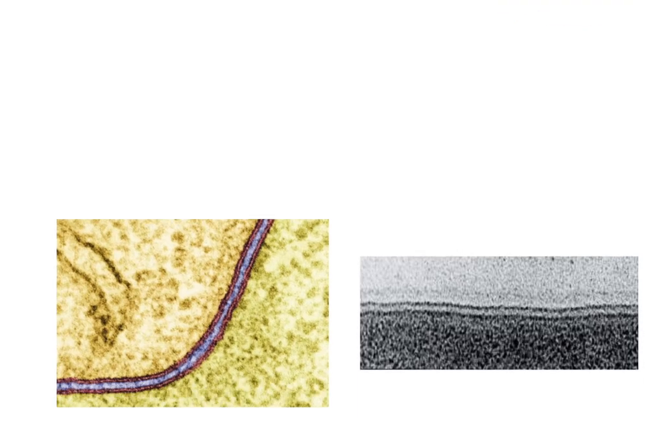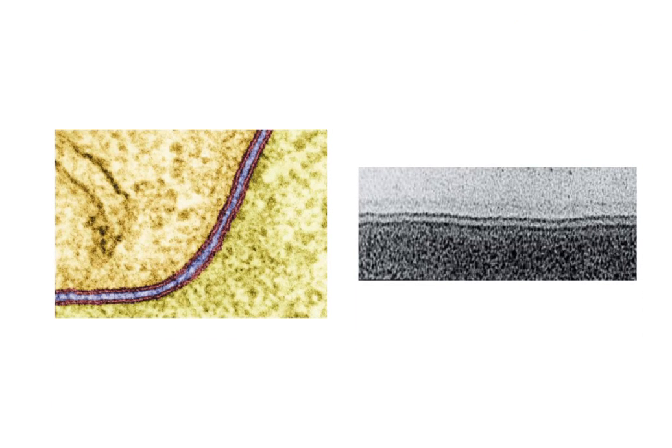But since exchange of material needs to occur through this membrane, it needs to be extremely thin. And that's why membranes usually have a size of around 7 nanometers. So membranes are only 7 nanometers thick. And if you recall from our lessons on microscopes, you'd remember that the maximum resolution that a light microscope can offer is only 200 nanometers.